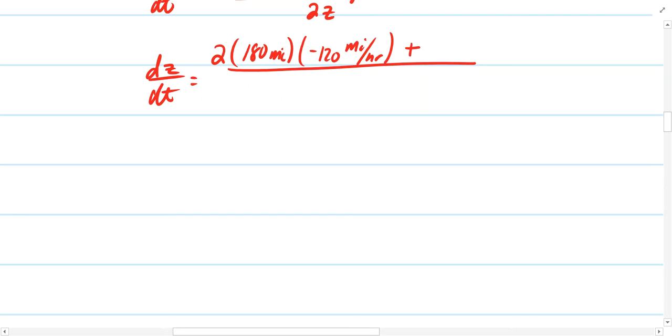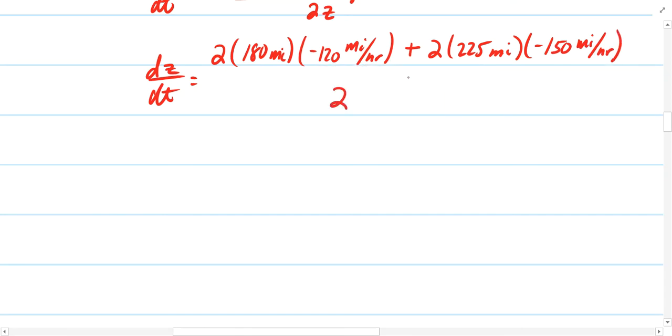To that we add 2 times our y distance, which was 225 miles, times our y rate of change, which was negative 150 miles per hour.